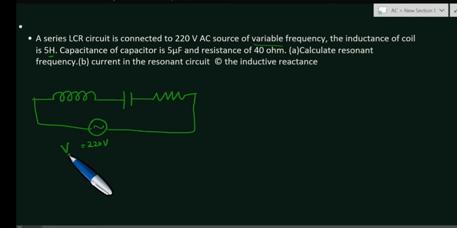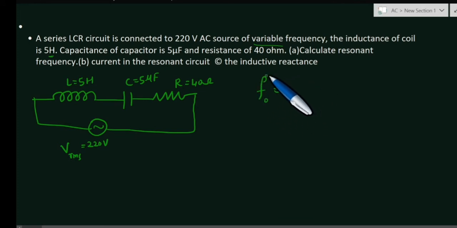The value of VRMS is 220 volt, the value of L is 5 Henry, the capacitance of the capacitor is 5 microfarad and the resistance value is 40 ohm. Calculate the resonant frequency. What is the value of F0?